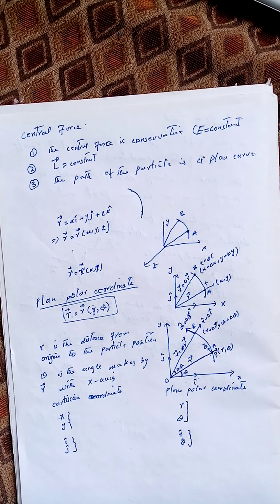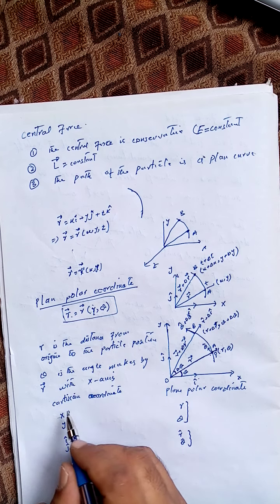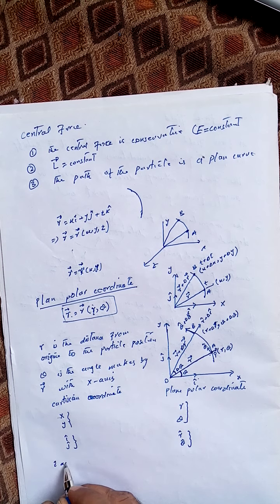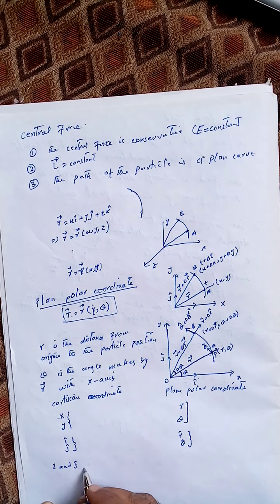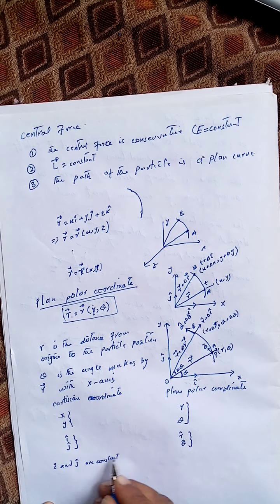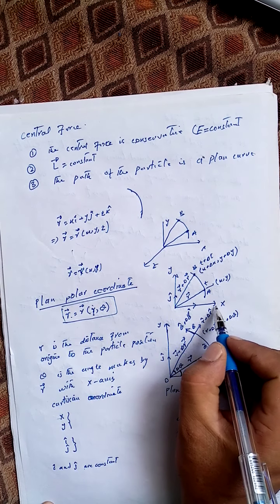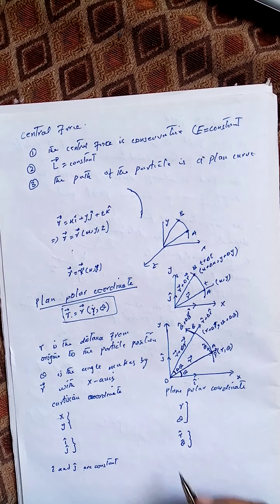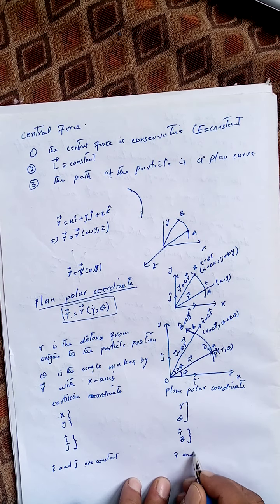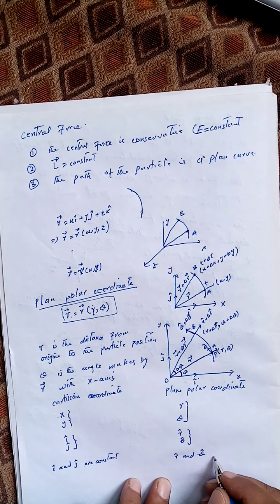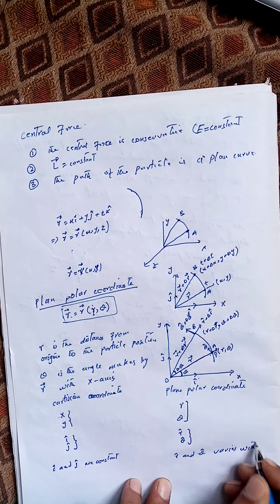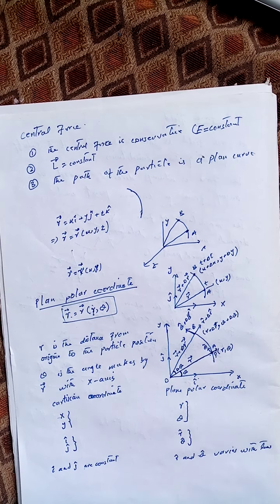Now, in the Cartesian coordinate system, the unit vectors i and j are constant because they are always along the x-axis and y-axis, while in the plane polar coordinate system, r and theta vary with time. How?